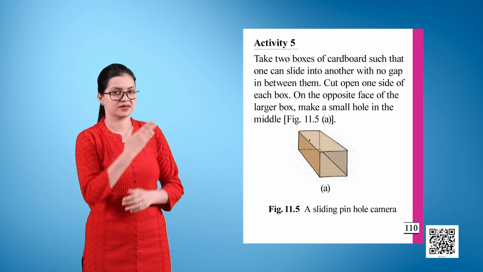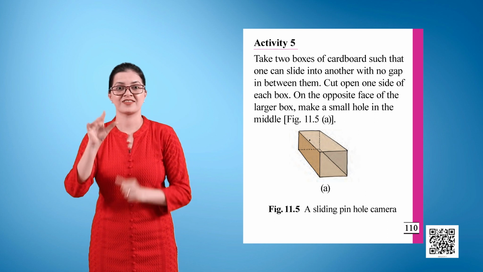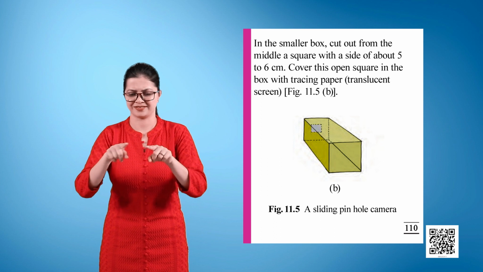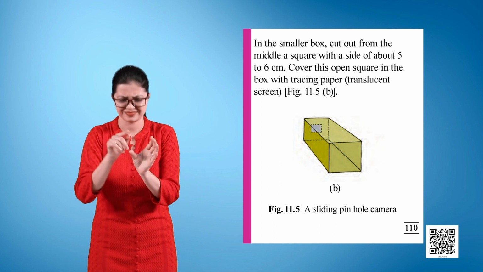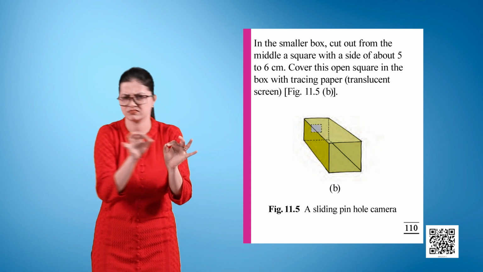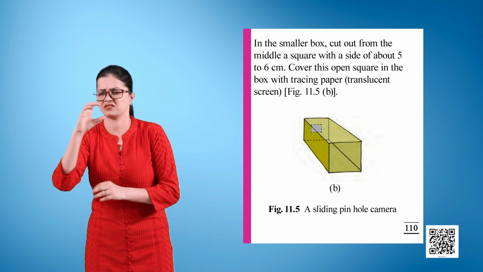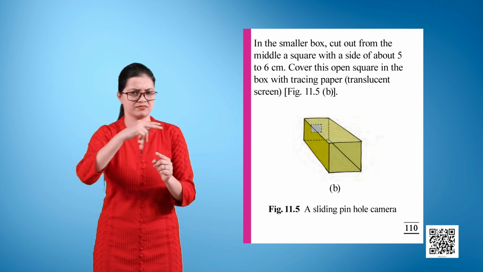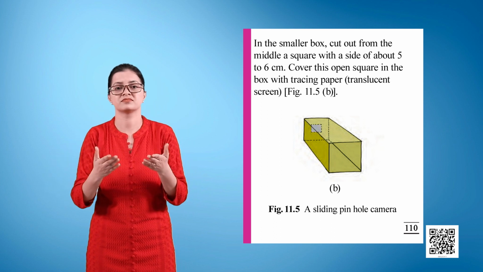Figure 11.5a. In the smaller box, cut out from the middle a square with a side of about 5 to 6 cm. Cover this open square in the box with tracing paper or translucent screen.